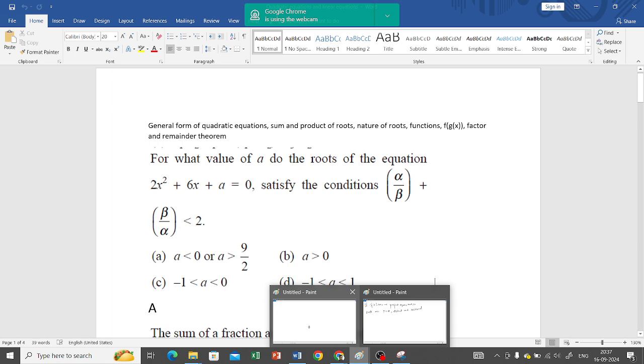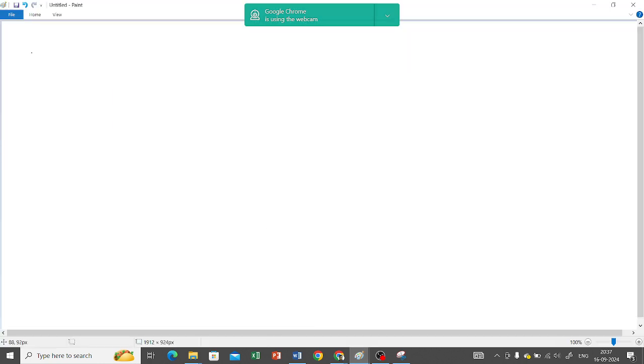Okay. Now, little bit about functions. As I told you, no need to go into deep details of it. Functions are actually a big chapter, but we don't need those things. We just need as much as it comes in it. So, say for example, f(x) is 3x square plus 5x plus 6x cube.